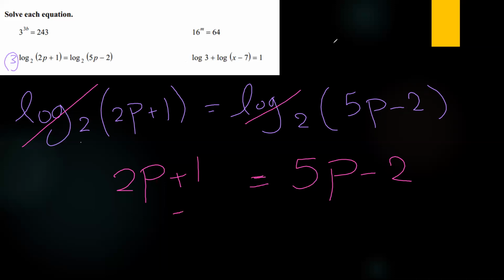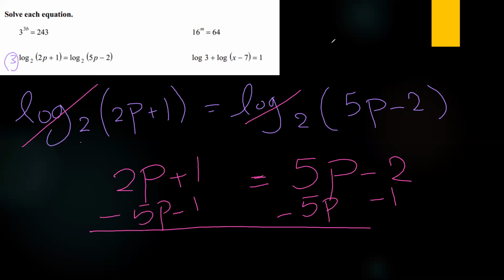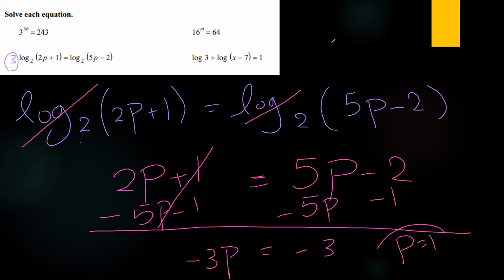Then here, minus 1, and minus 5p. So now, 2 minus 5, negative 3p will be negative 3. So p equals 1.